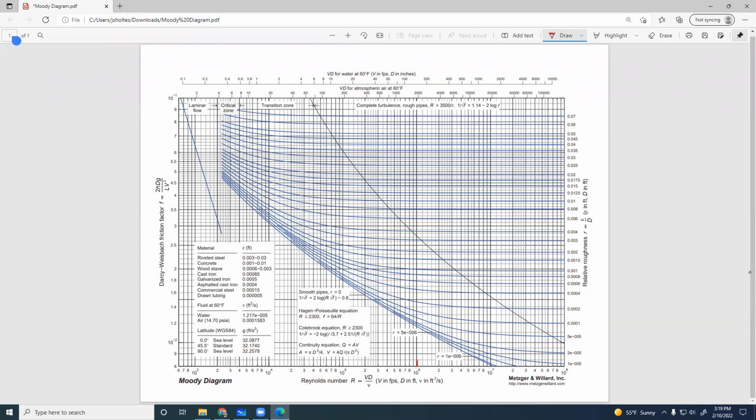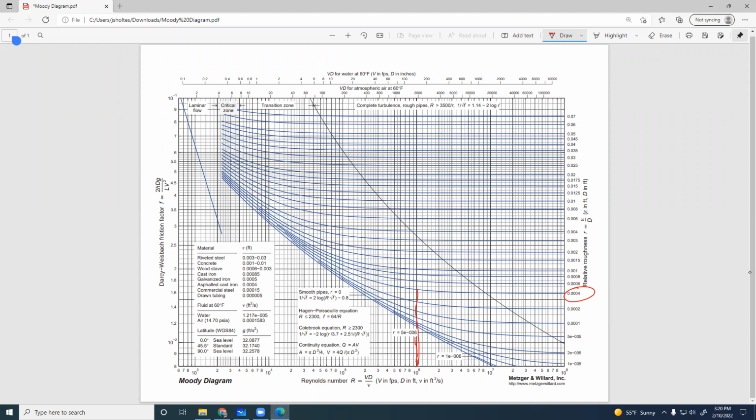Say for a given flow rate, this is our Reynolds number, 10 to the 6, and say this is our relative roughness. Then I'm going to trace up until I hit that blue line that starts at that value of relative roughness. I'm in what's called the transition zone, where this line is curvy.